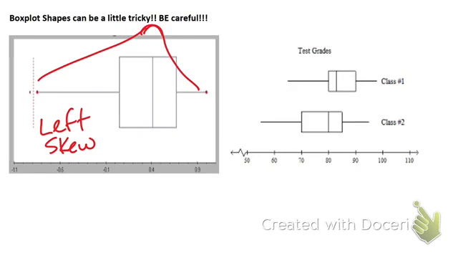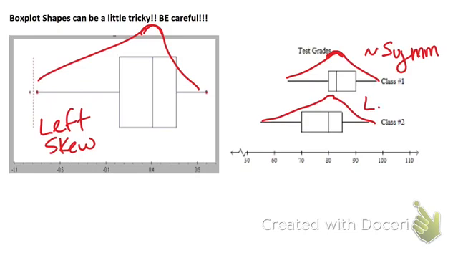Approximately what shape do you think that one is? That's probably approximately symmetric. I'm going to agree with you on that. What about class 2? Yeah, I would say this is a left skew, maybe slightly, but left skew. Any questions?